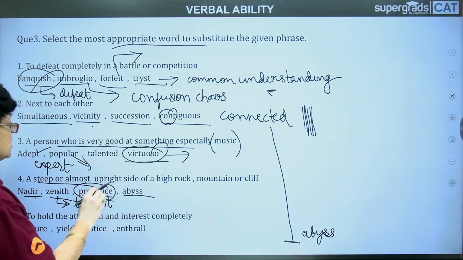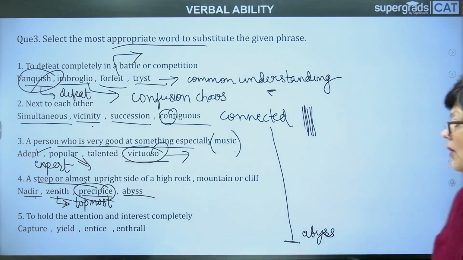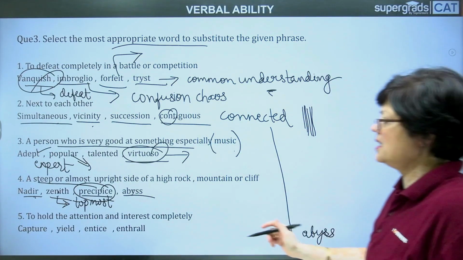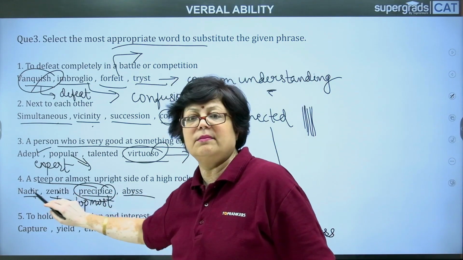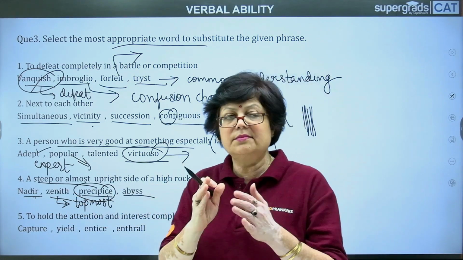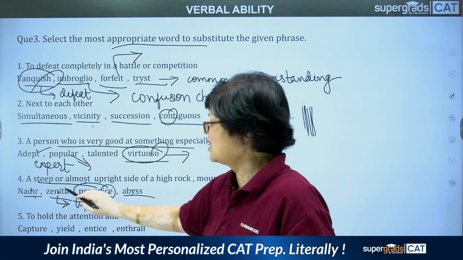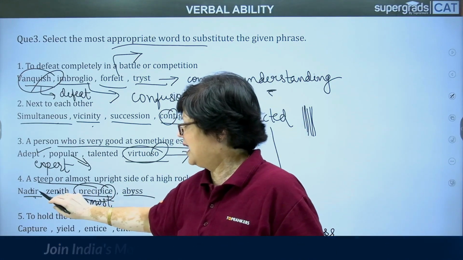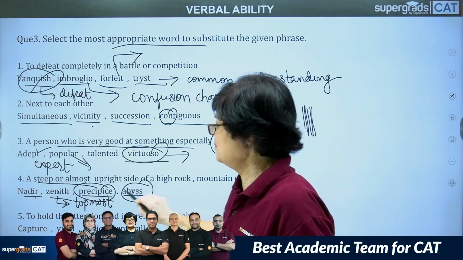The correct word is precipice, a steep or almost upright side of a high rock, mountain, or cliff. The answer is precipice. So here you find that these two are synonym and antonym. We will be taking up synonyms and antonyms also. Nadir is an antonym of zenith, but abyss is a synonym of nadir.